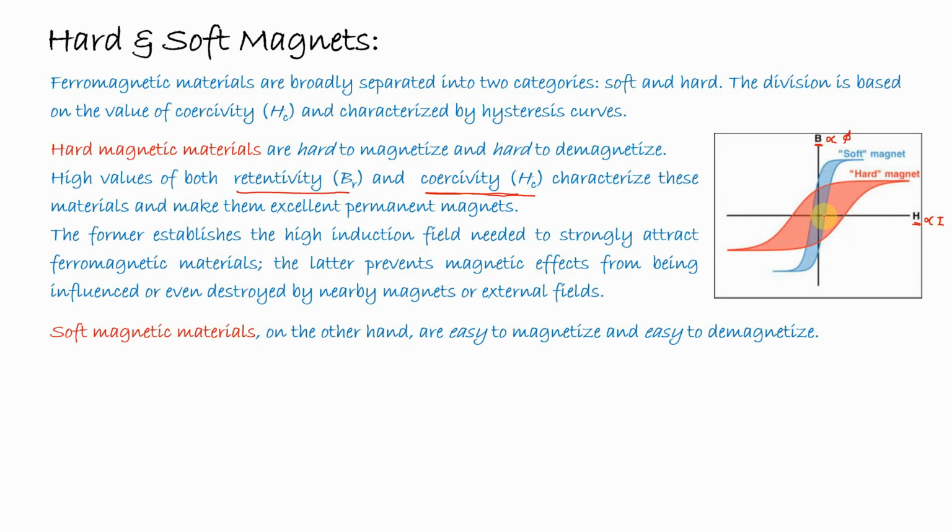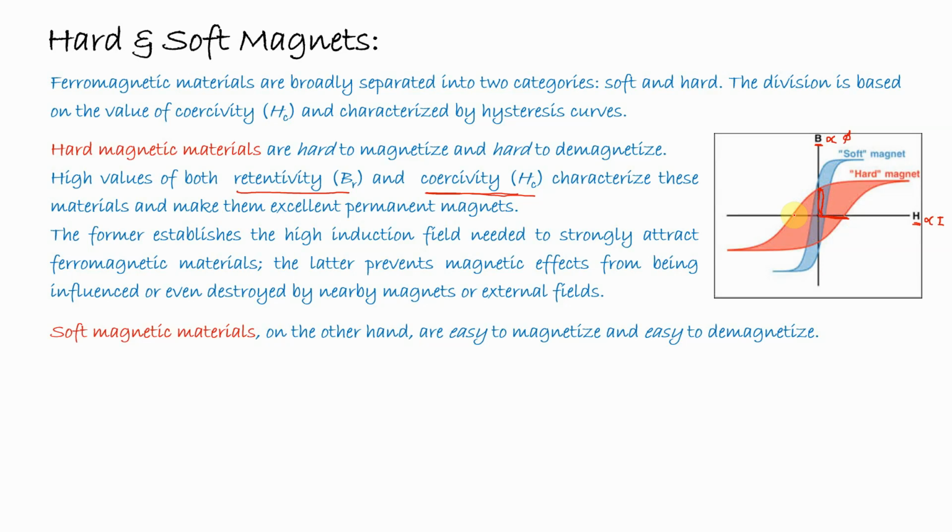So here this value is considered as the coercivity and this value is considered as the retentivity. That means when the current is zero, the material will still retain its flux. So this shows the retentivity property.